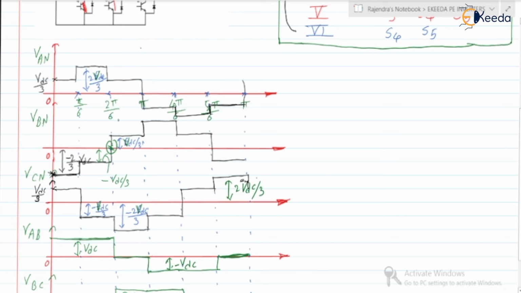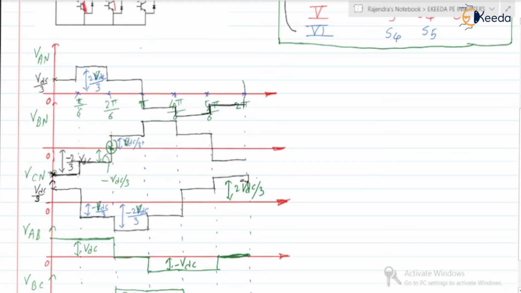Let us first derive the expression for VAN RMS. VAN RMS is nothing but the RMS value of phase voltage. Whatever pulse we have from 0 to pi, the mirror image, or the inverse of this pulse, we have during pi to 2 pi.